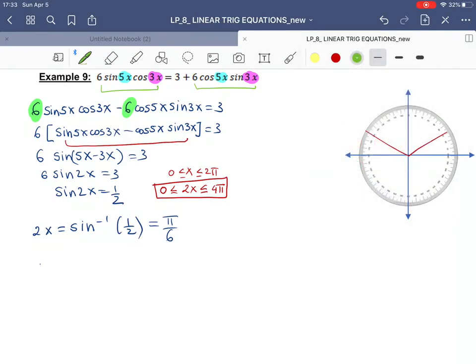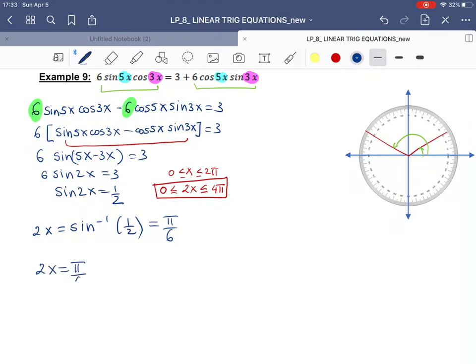Slowly here. I'm going to pick a different color to indicate the angle. So here we have pi over 6. And let's see how many pi over 6s we have here. 1, 2, 3 pi over 6, 4 pi over 6, 5 pi over 6. So I think I'm ready to write my answers now.